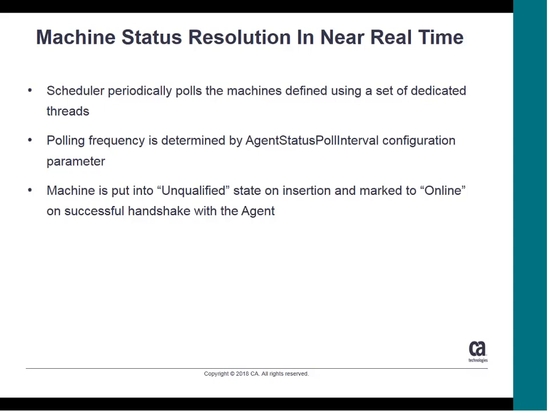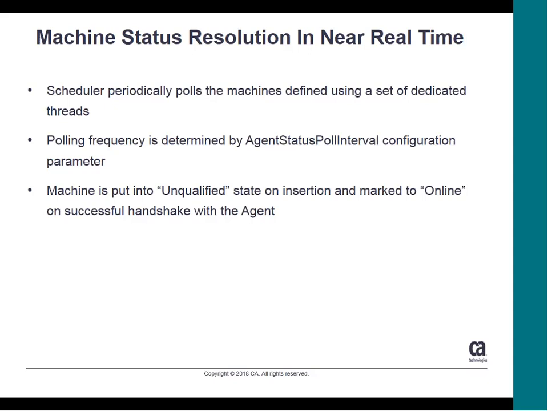And another aspect to this is the scheduler now periodically polls all the agents to determine if the machines are alive or dead. So there is a new configuration parameter introduced which goes by the name agent status poll interval. By default this is set to 1 minute.